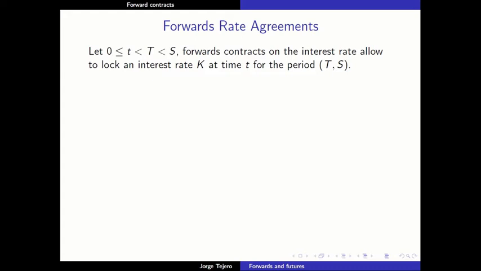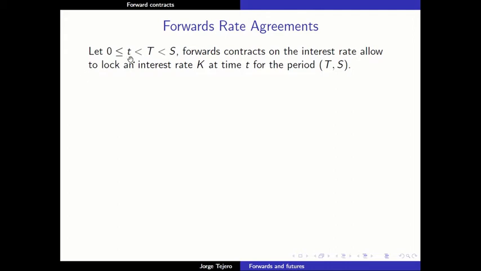Now a specific type of forward contract is the forward rate agreement. In this type of forward contract, what we are buying is some interest rate for some future period. Okay, so we need three points in time in order to describe the contract.